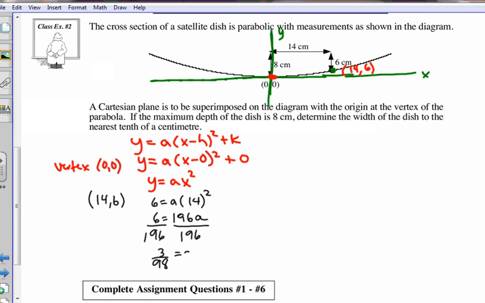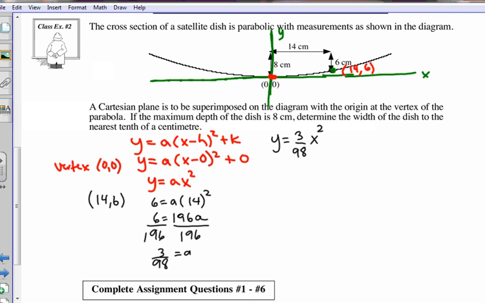So now do we have our equation? Yes. So y equals 3 over 98 x squared. Now we can figure out what they are asking.